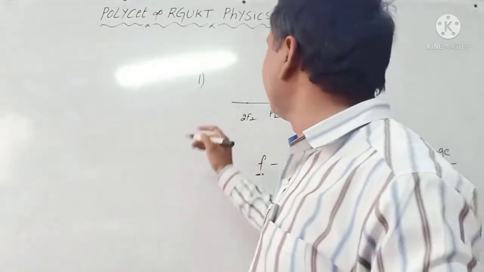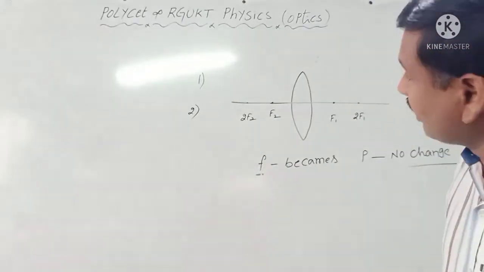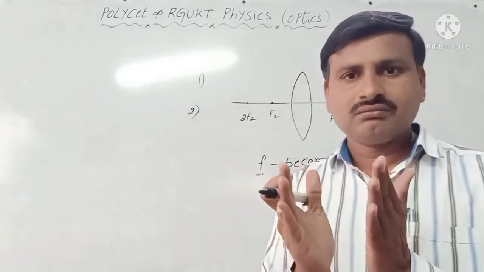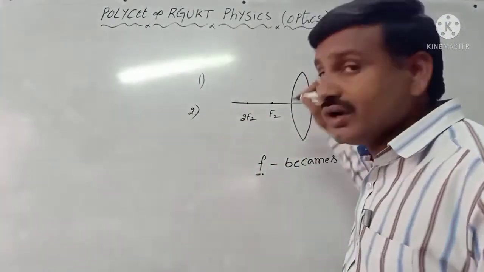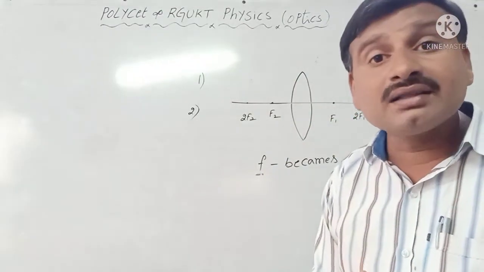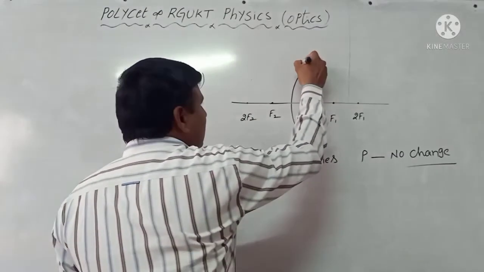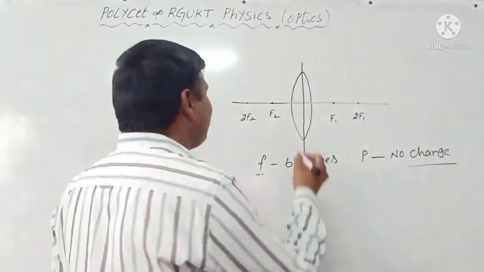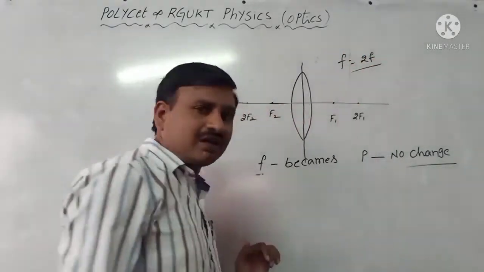And the second one is when the convex lens is cut into two equal halves again. A convex lens of focal length f is cut into two equal halves along the aperture or vertical axis. Along the vertical axis, then f becomes 2f.